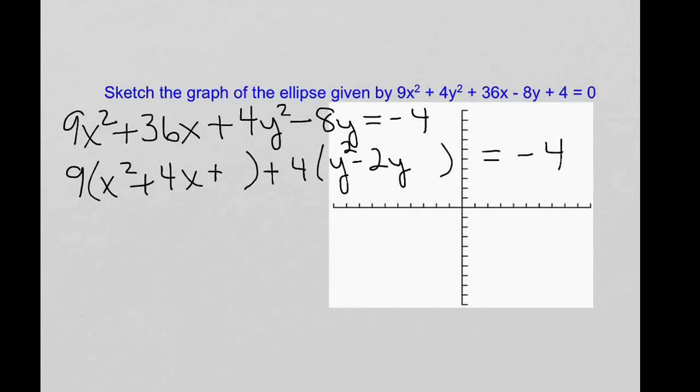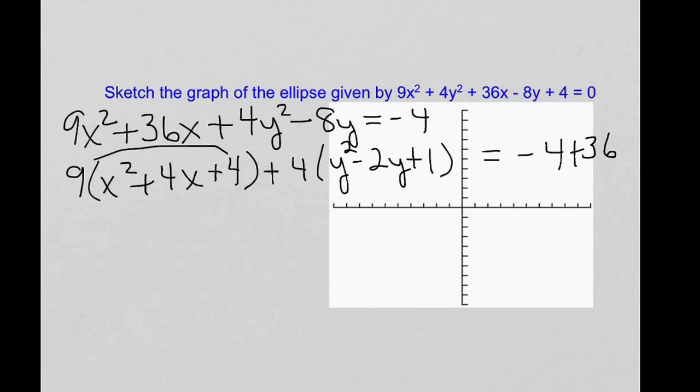Half of 4 is 2. 2 squared is 4, so that's plus 4. But what I really added was 9 times 4, which is 36. So I add that to the other side. And on my other one, half of 2 is 1. 1 squared is plus 1.